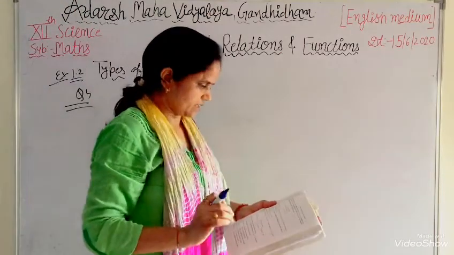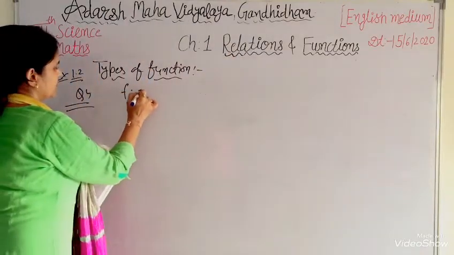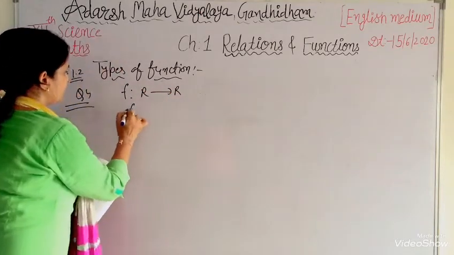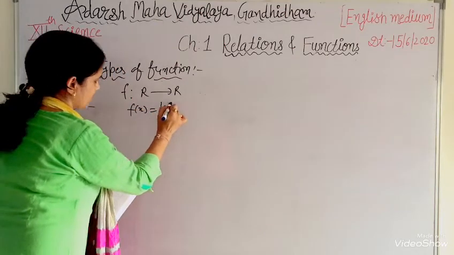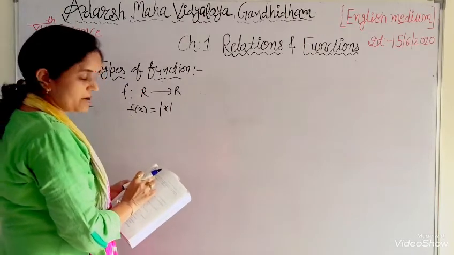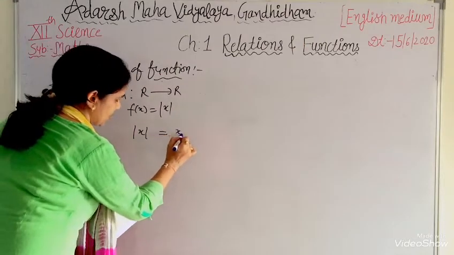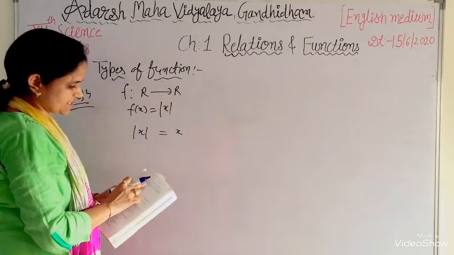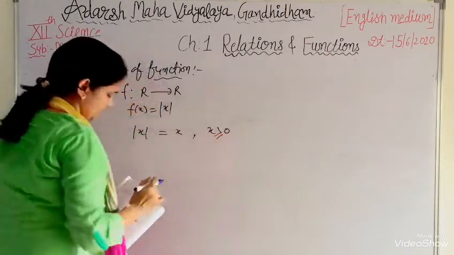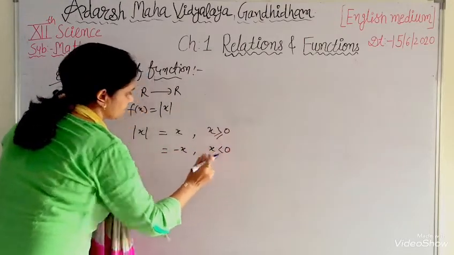Question number 4 is, show that the modulus function f from R to R given by f(x) equals mod of x is neither one-one nor onto, where mod of x is x if x is greater than or equal to 0, and it's minus x if x is less than 0.